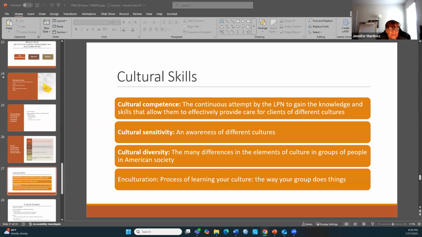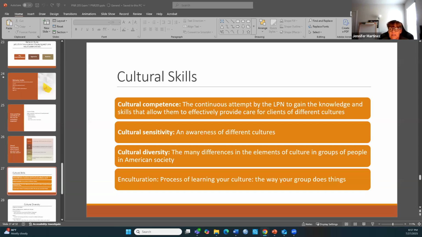All right. Cultural skills. Cultural competence is the continuous attempt to gain knowledge and skills that allow you to effectively provide care for clients of different cultures. Cultural sensitivity is the awareness of different cultures.